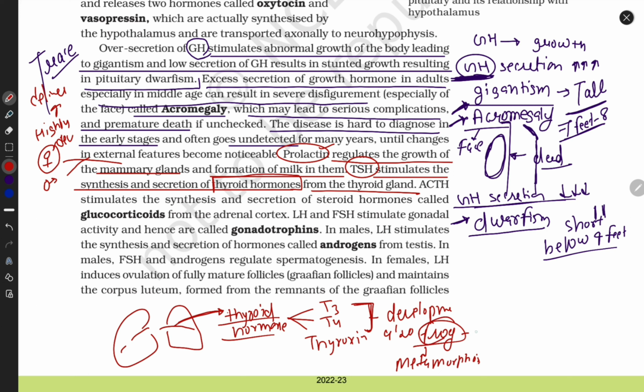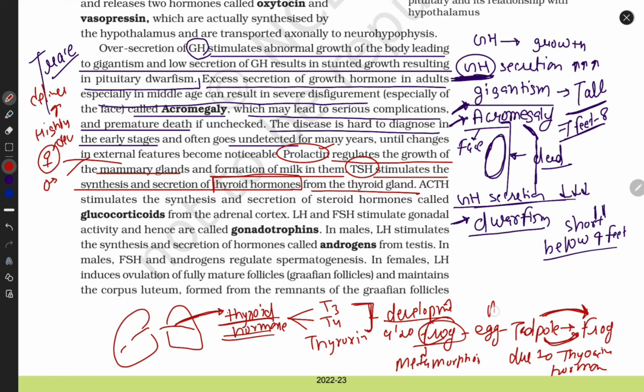The frog releases its eggs, then first a tadpole comes out and it converts into a frog. This conversion process occurs due to thyroid hormone. Understand, guys? This hormone contributes to human development as well as frog metamorphosis.